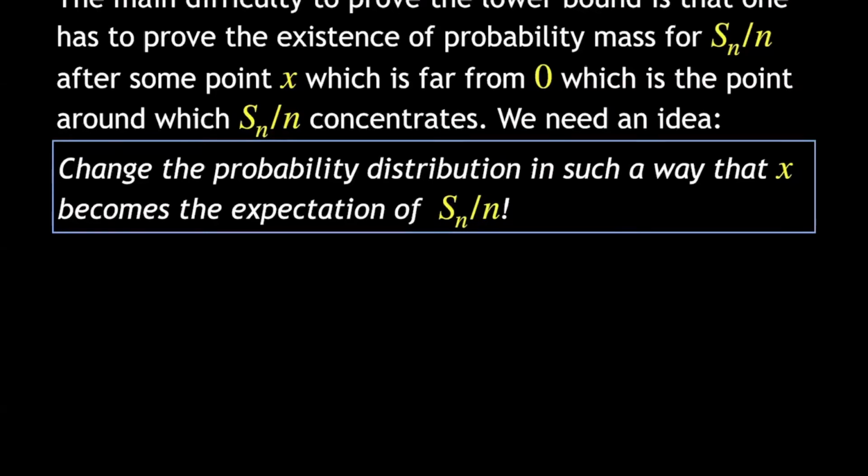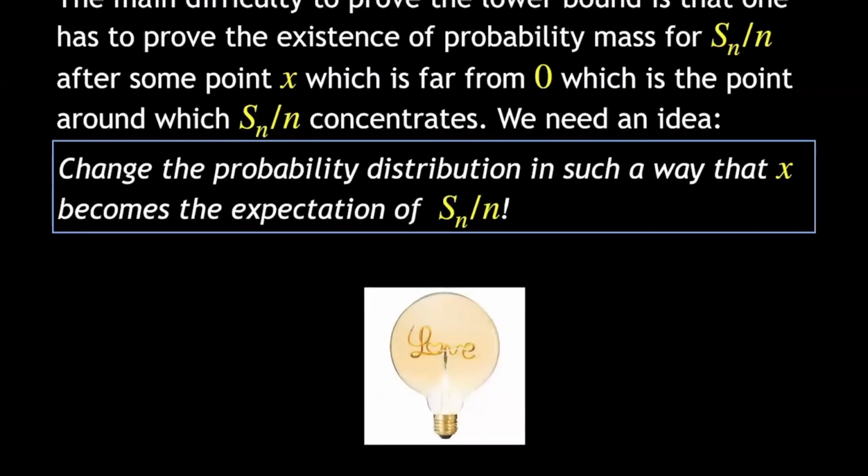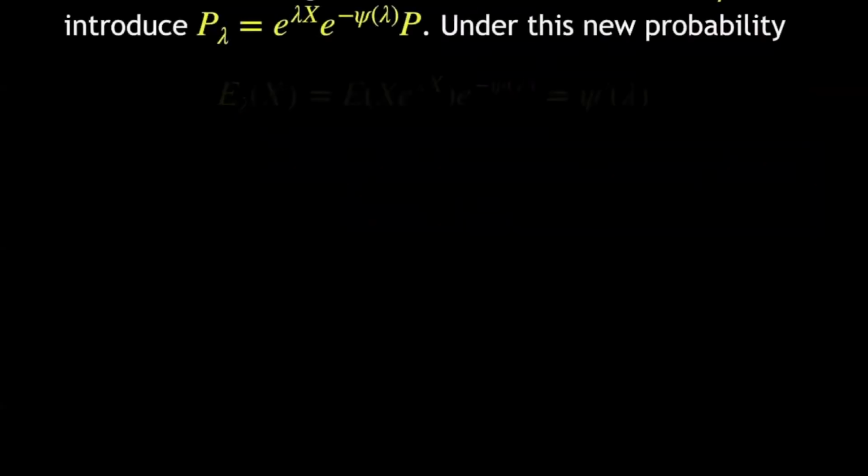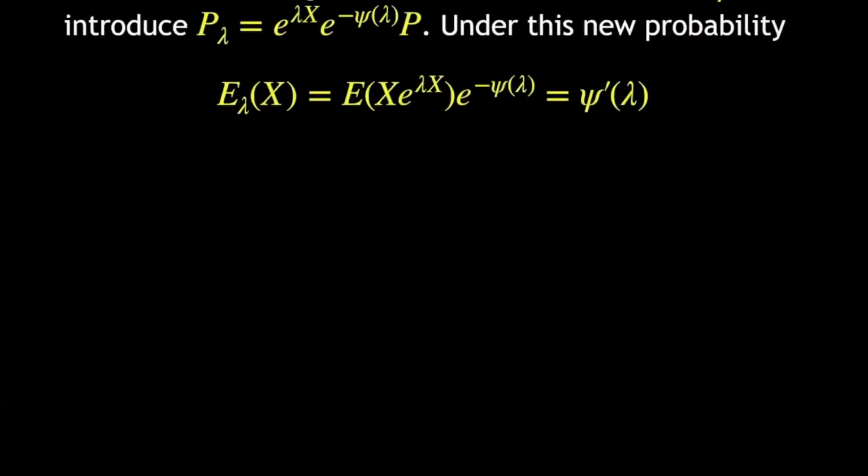In order to have a distribution that makes Sn over n concentrate around x instead of around 0. That's a very, very beautiful idea. I love it, okay? So let's see how it works on a very simple example.